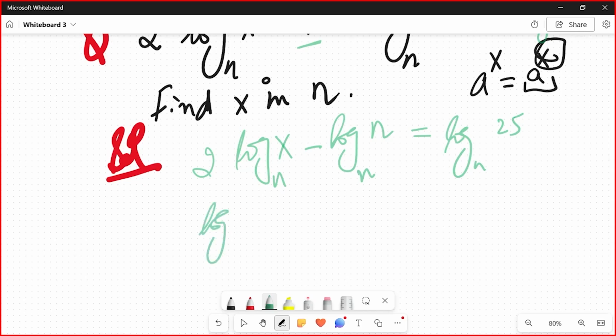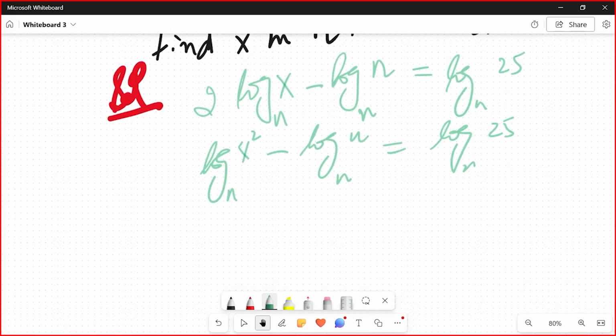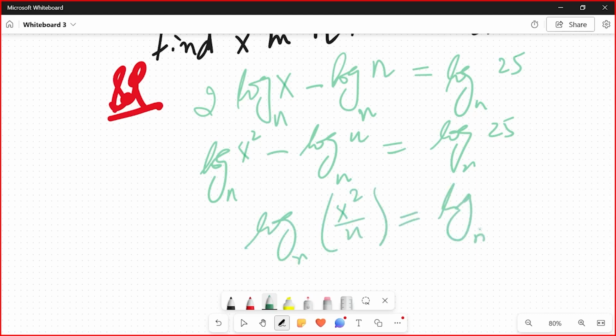So this becomes log of x square minus log of n, which is log of x square over n, is equal to log of 25 to the base n.